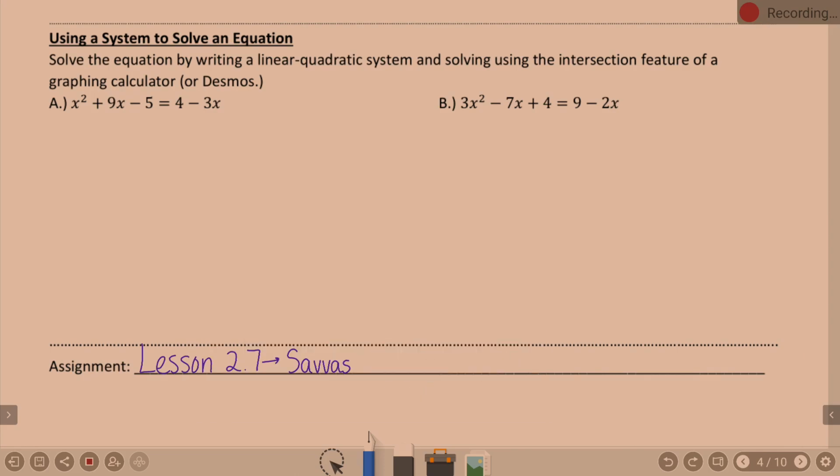A linear quadratic system. Basically, your left is going to be one equation. So we're going to graph y equals x squared plus 9x minus 5.